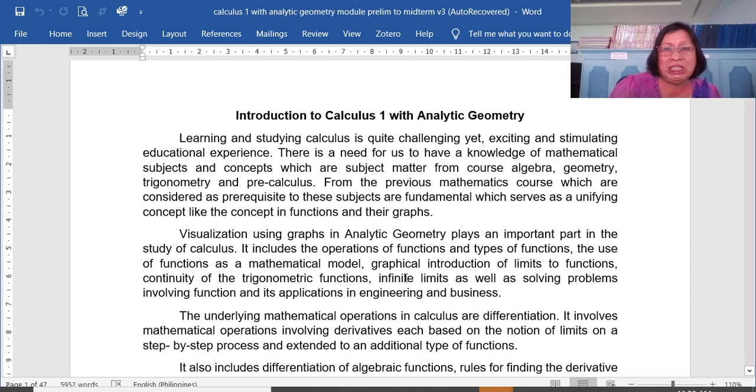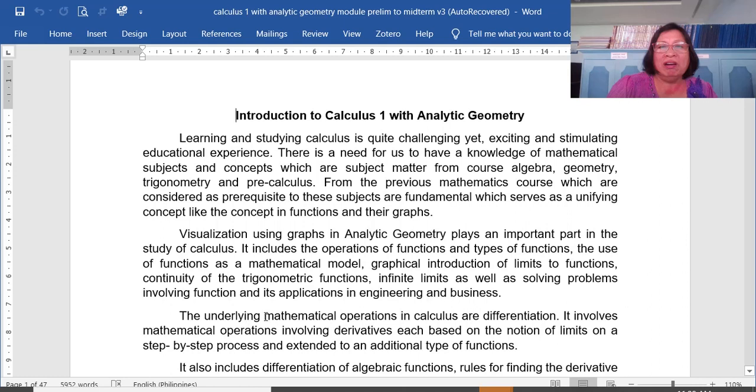There is a need for us to master these subjects because we cannot pursue the topics unless we can understand the given situations like limits, trigonometric functions, and all of this.